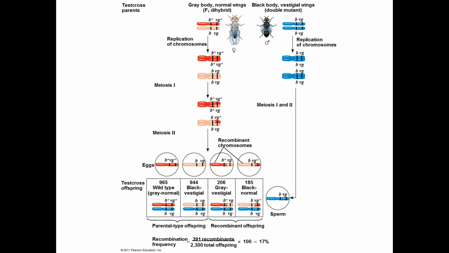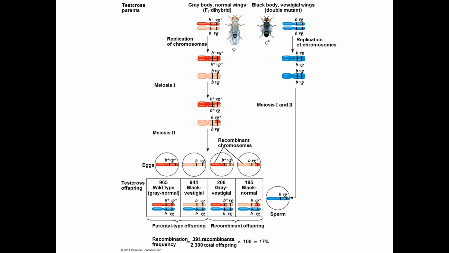So going back to our little fruit fly dilemma, this is showing you the cellular events that took place involving meiosis and production of gametes.